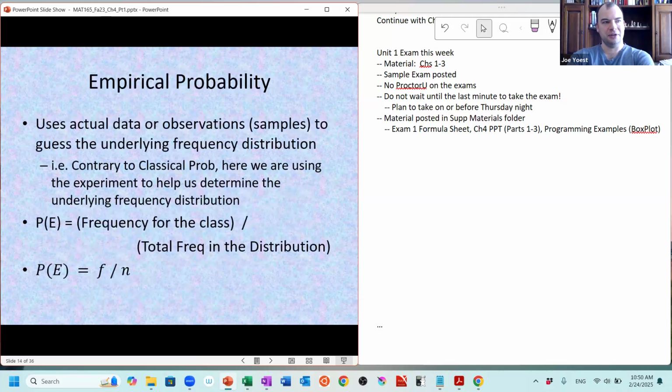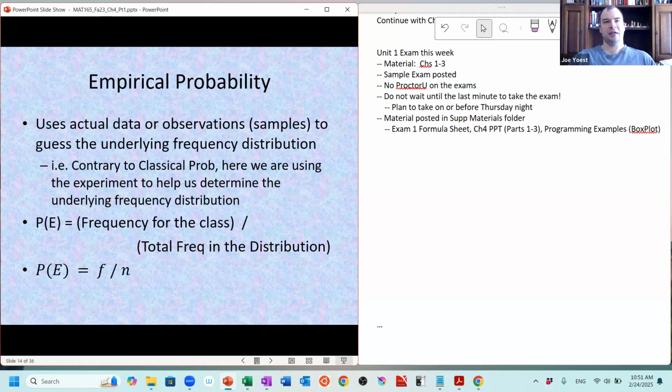So what I just said is a discussion of applying this model to a real world situation. What do we mean when we say the probability of an event happening when I'm trying to apply this model to a real world situation? There are two other types of probability that I could be thinking about. One is this idea of empirical probability, using actual data or observations or samples to guess the underlying frequency distribution.